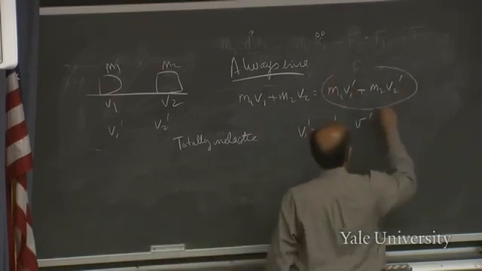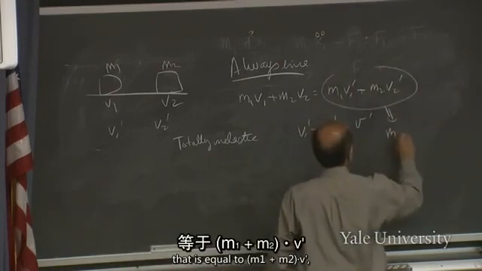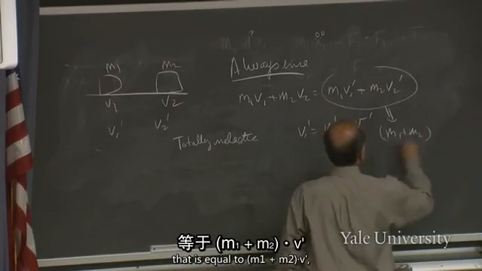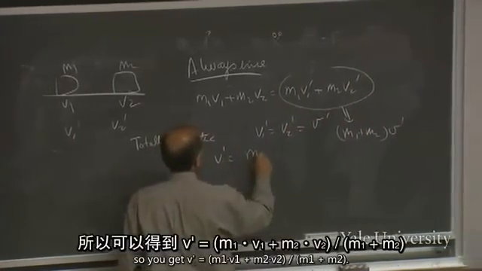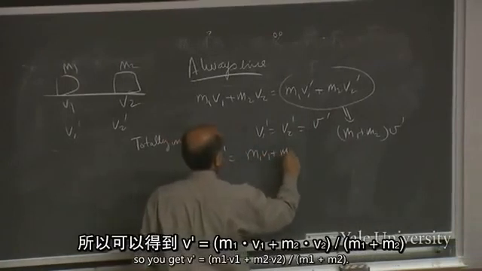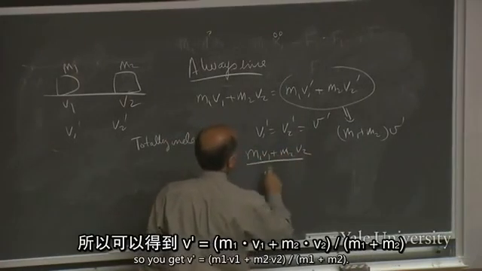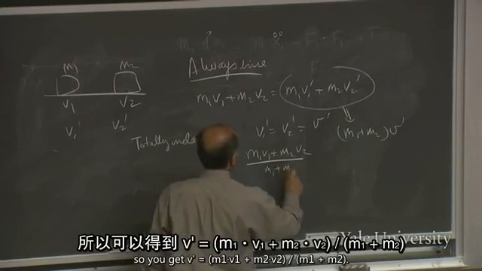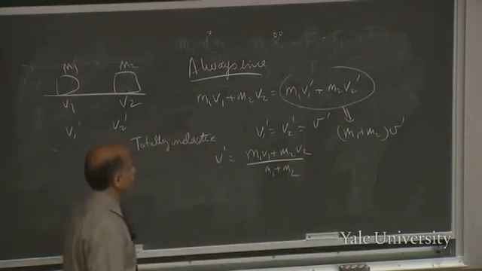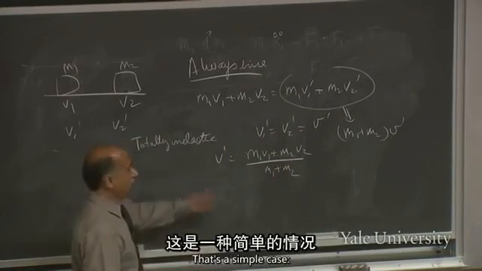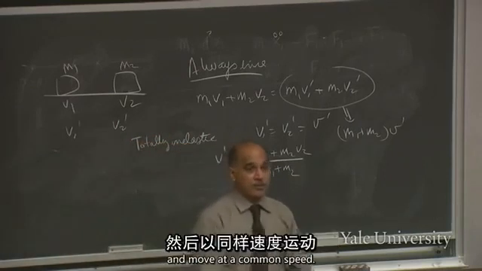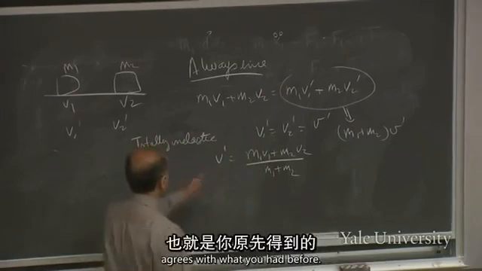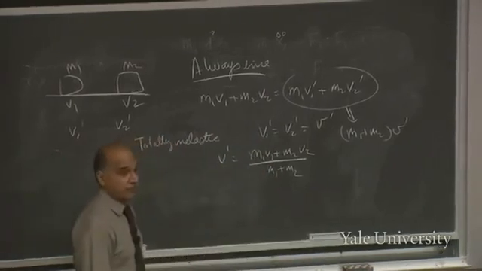So you can write that is equal to m1 plus m2 times that v prime. So you get v prime is m1 v1 plus m2 v2 over m1 plus m2. That's a simple case. Two things stick together and move at a common speed. The common speed should be so that the total momentum agrees with what you have before.